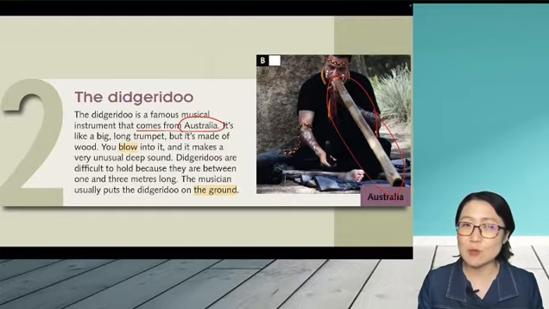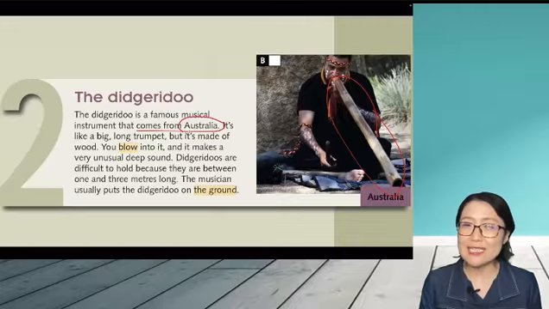You blow into it, and it makes a very unusual deep sound. 什么叫 blow？ 哎，你吹它的时候呢，it makes a very unusual deep sound. 它就会产生一种什么呀？非常不寻常的 deep sound，一个很低沉的声音, right?